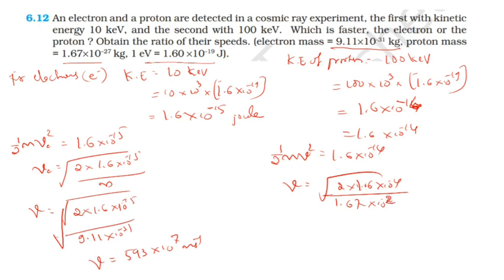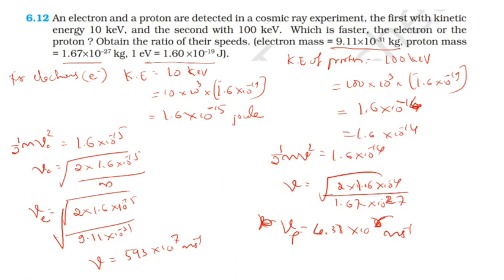Okay, and you simplify it, you will get the answer v is equal to 4.38 into 10 to the power 6 meter per second.